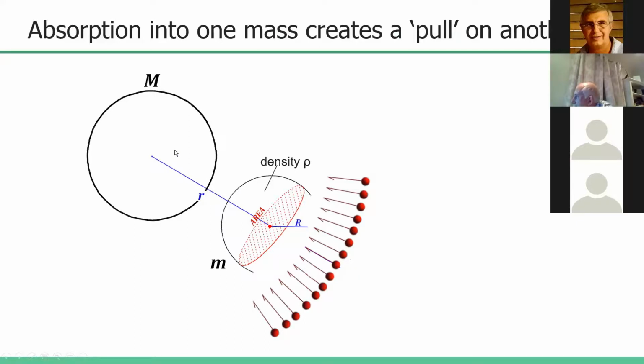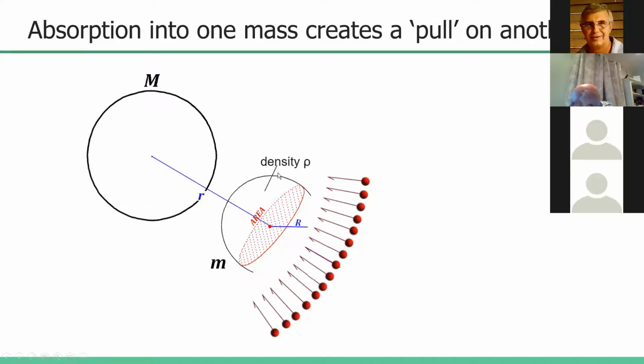So if we had, first of all, this big M was this one with the imbalance around it. Here's the imbalance, and we brought another mass in the vicinity. This mass will be affected based on the surface area that the flux goes through, multiplied by the average path length, in other words, the whole volume of the mass.